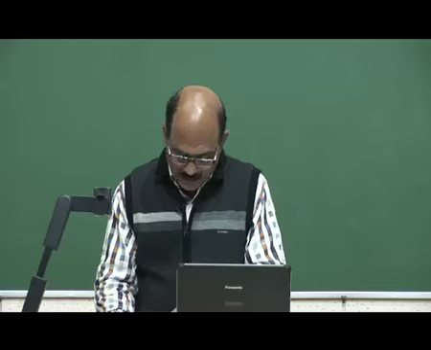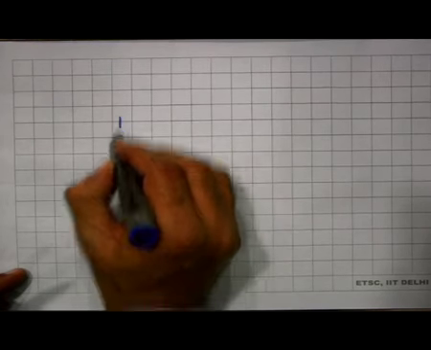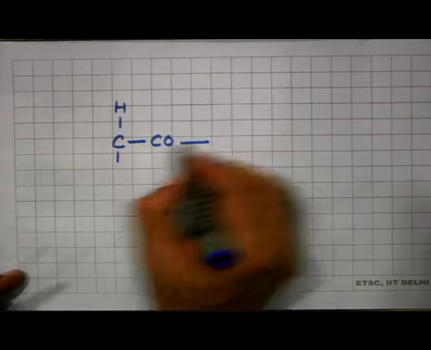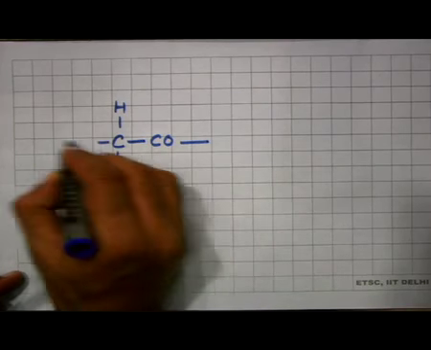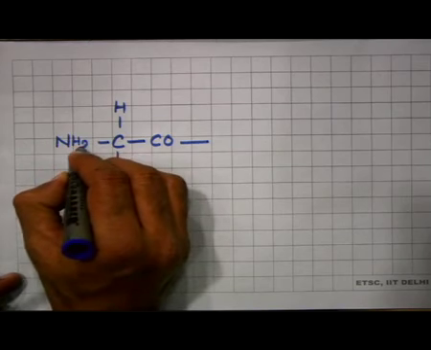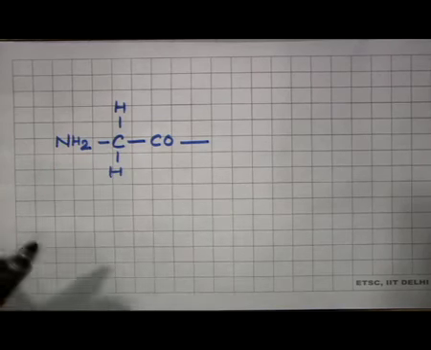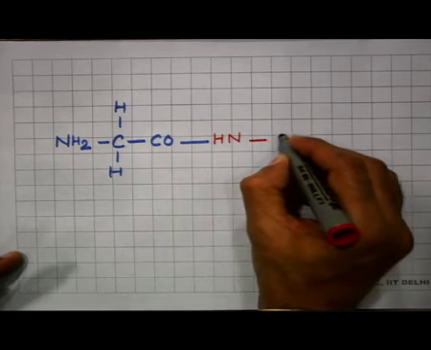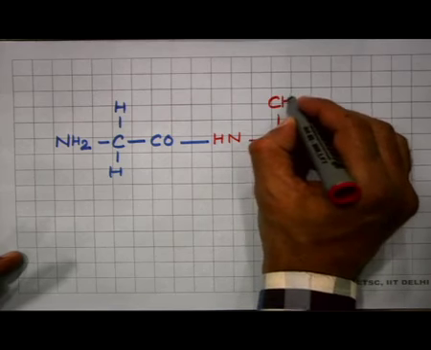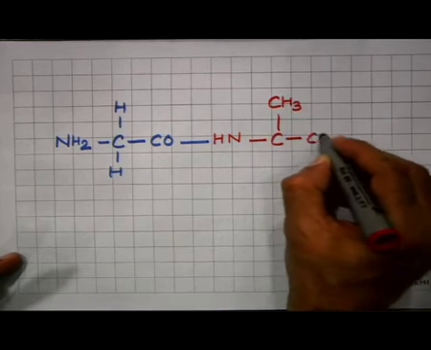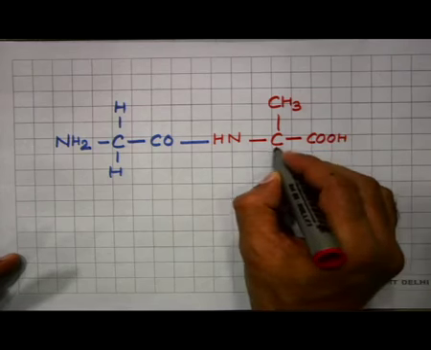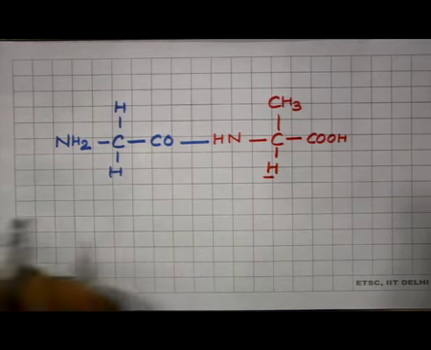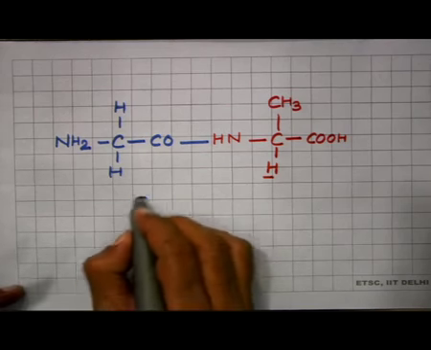So, we can easily write now this one: H, CO, H, NH2, here is HN, C, here is the CH3 methyl group, here is the COOH group, here is H. So, this one is glycine, which we can abbreviate as glycyl.